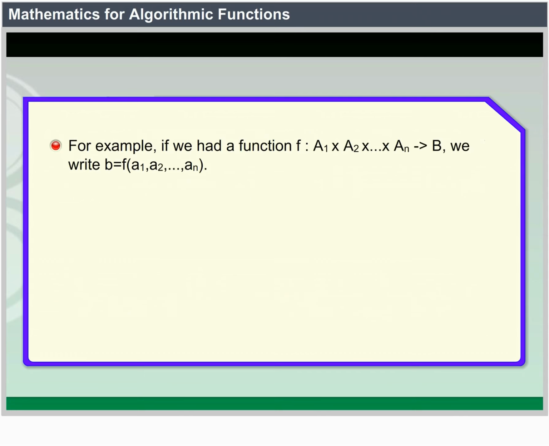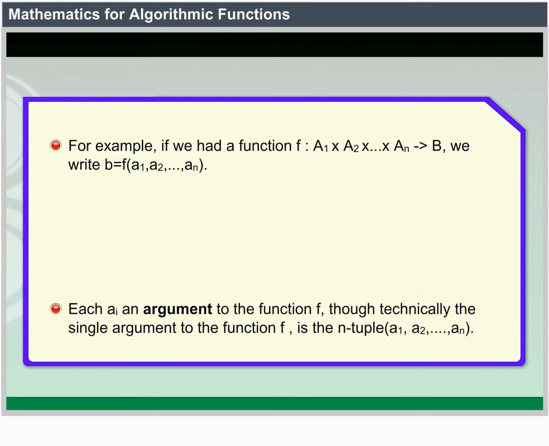For example, if we had a function f such that A1 × A2 × ... × An → B, we write b = f(a1, a2, ..., an). Each ai is an argument to the function f, though technically the single argument to the function f is the n-tuple (a1, a2, ..., an).